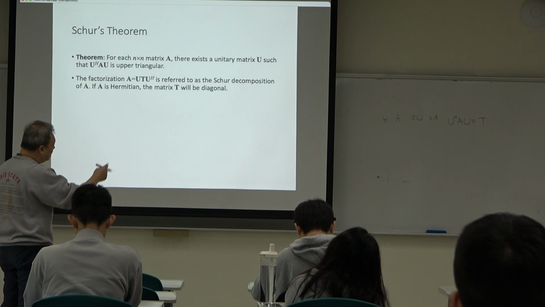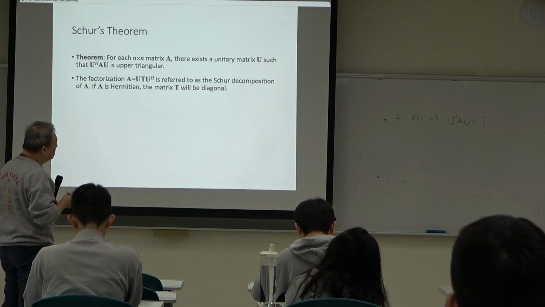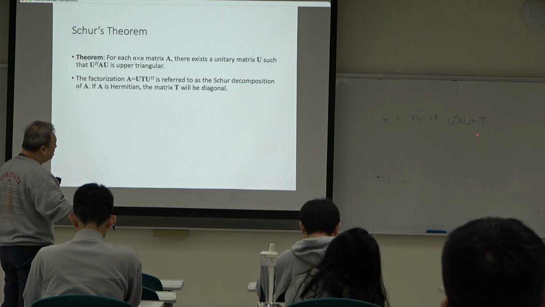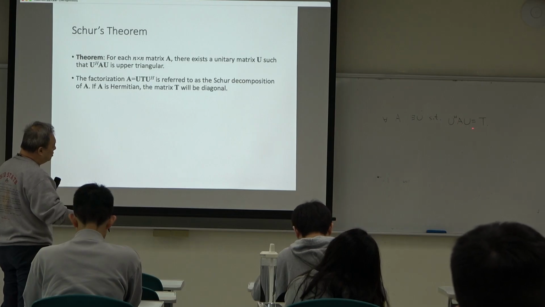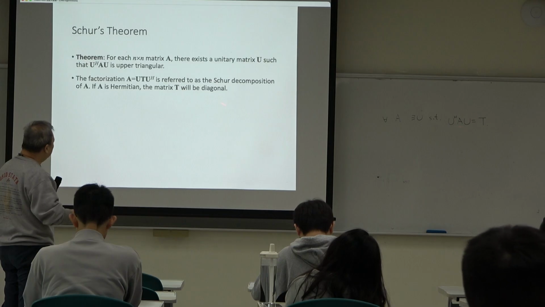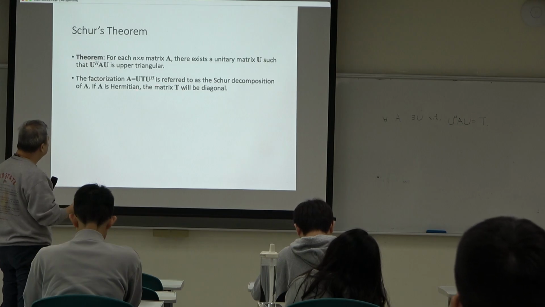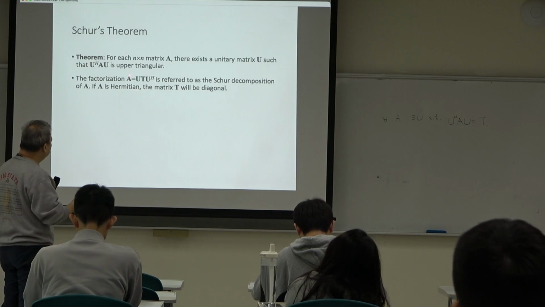So if you have that, obviously, you multiply U on the left hand side, on both sides. You multiply U^H on the right hand side on both sides, and you get this, right? Like A equal to U T U^H.